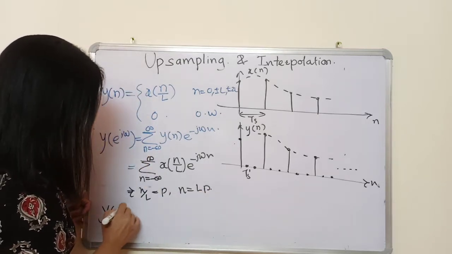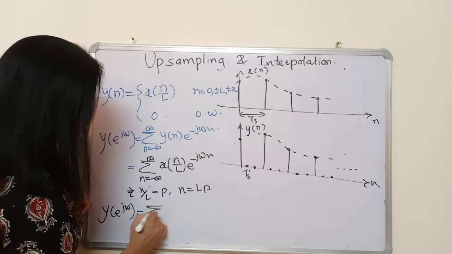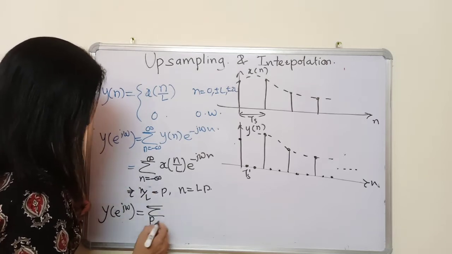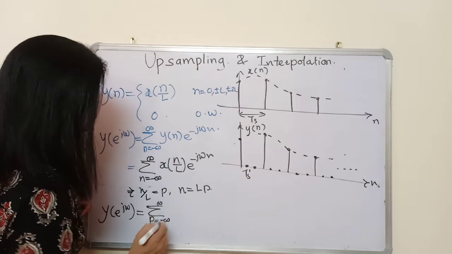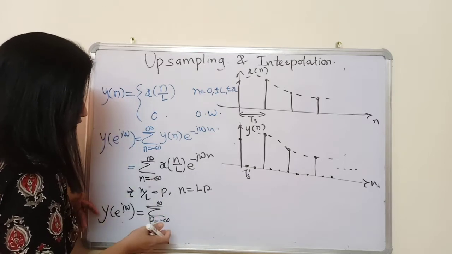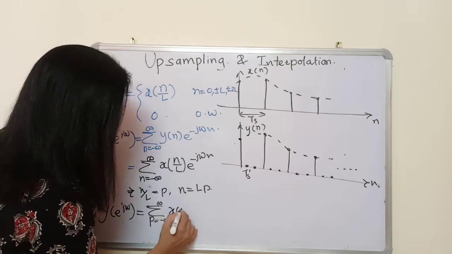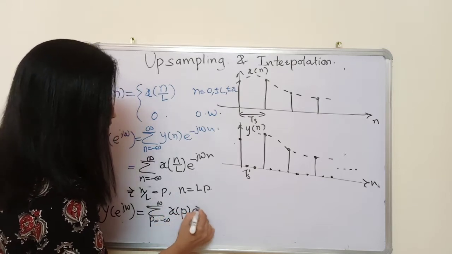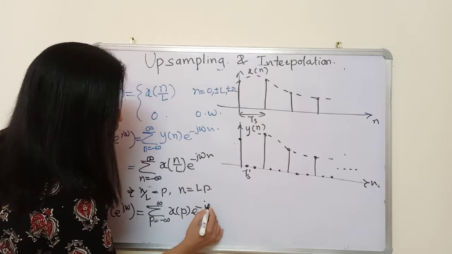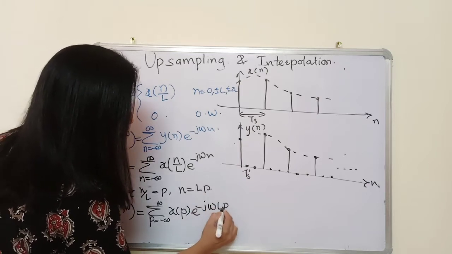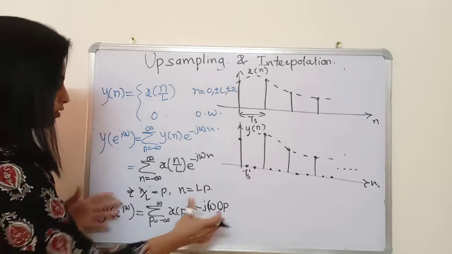And let us try to put this. So Y of e raised to j omega, here it will become, let us say p again going from minus infinity to infinity. If you put these values, it comes out to be summation from minus infinity to infinity x of p e raised to minus j omega L p. And let us take one bracket here.